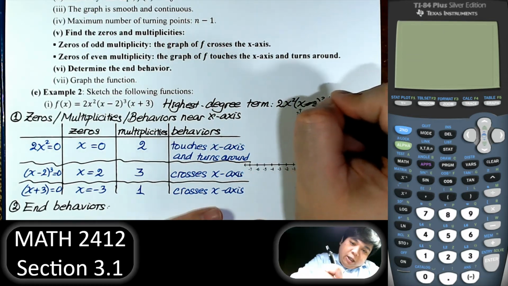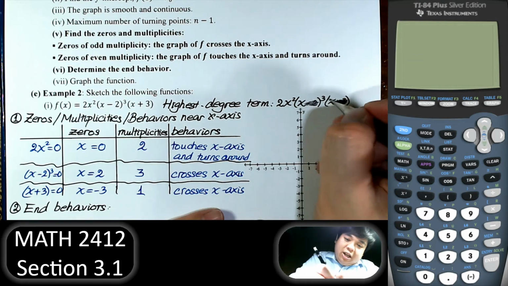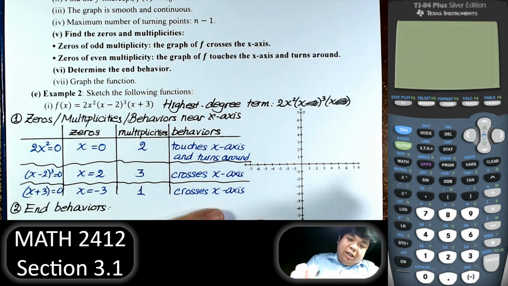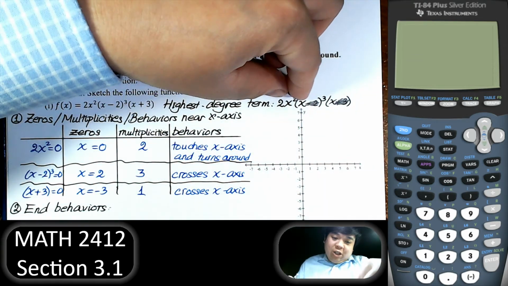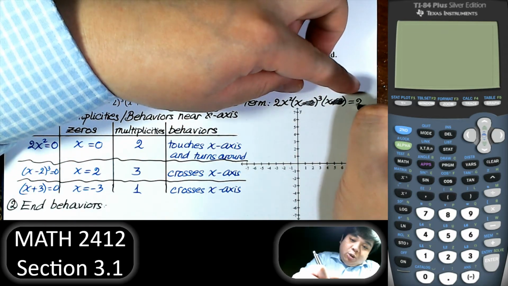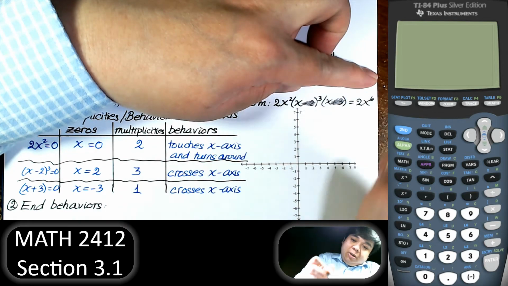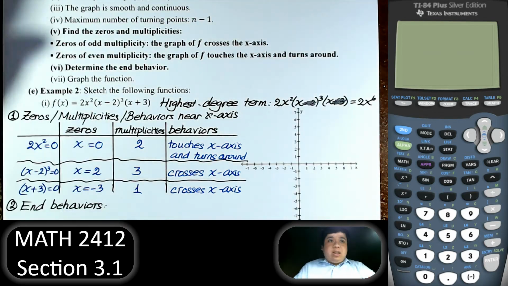So ignore the 2 because that doesn't have the power compared to x, so we just take the one with the highest power. So multiply all of that, we have 2x squared times x cubed times x, so that gives us 2x to the 2 plus 3 plus 1, 6. That is 2x to the 6.